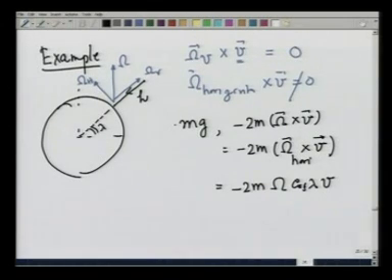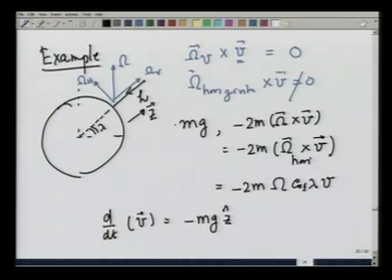So, now if I were to write the equation of motion, let me call this direction the z direction. I am going to have d by dt of v is equal to minus mg z minus 2 m omega cross v.